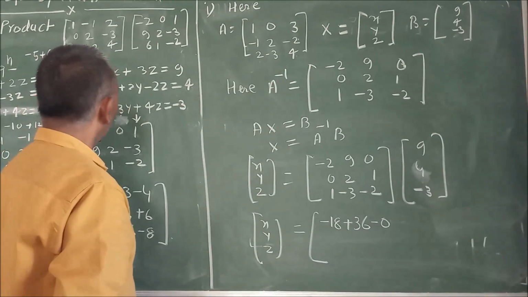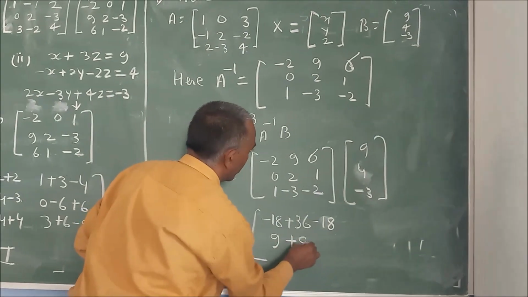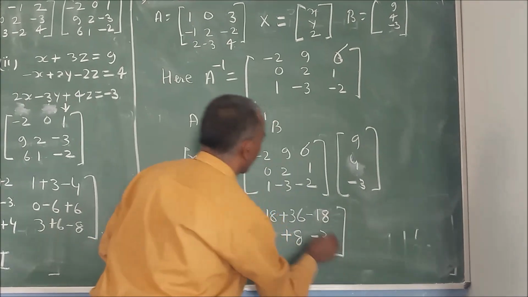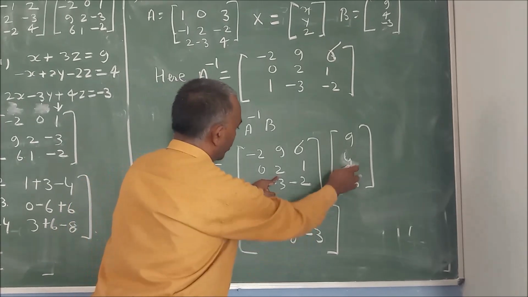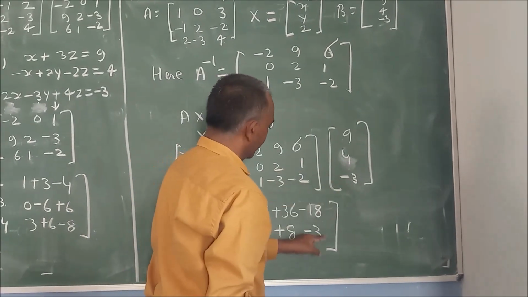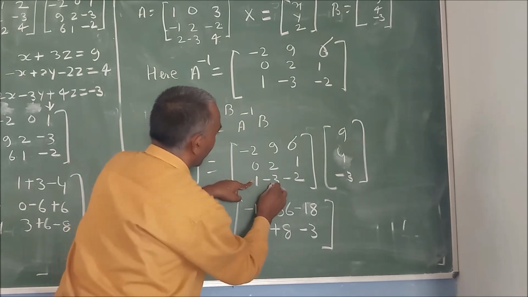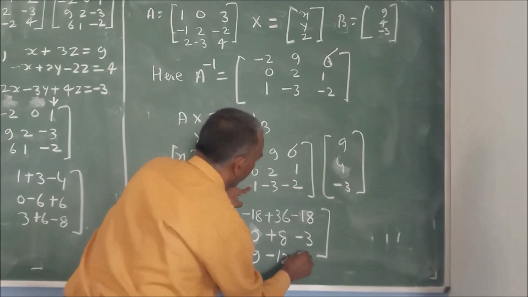This is minus 9, 2 into 4, plus 8, and minus 3 into this. This is your minus 3. Again check here. 0 into 9, 0, 2 into 4, 8, and 1 into minus 3, minus 3. Again 1 into 9, 9, minus 3 into 4, minus 12, and minus 2 into minus 3, plus 6.